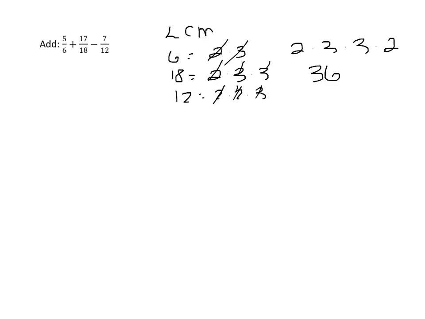So in order to get a denominator of 36, we had to multiply 12 by 3, which means we have to multiply the numerator by 3. For 18, we had to multiply by 2, and for 6, we had to multiply by 6.